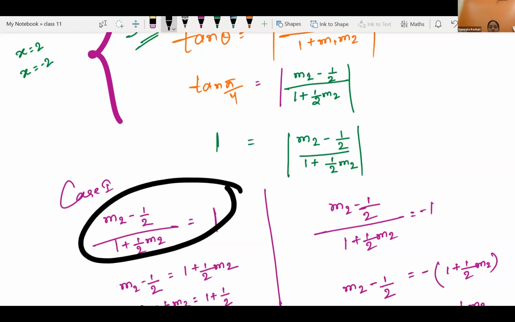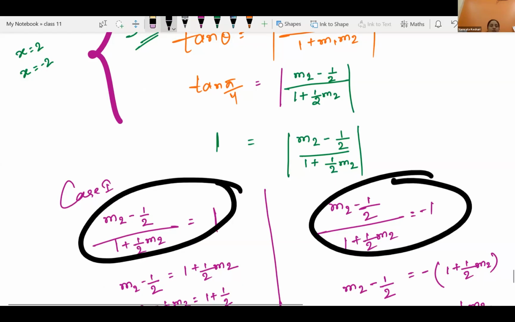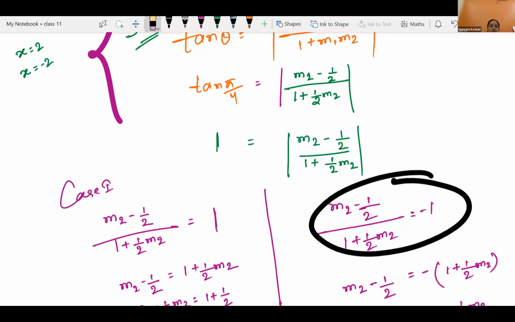Maybe the result is plus 1 or maybe it is minus 1.